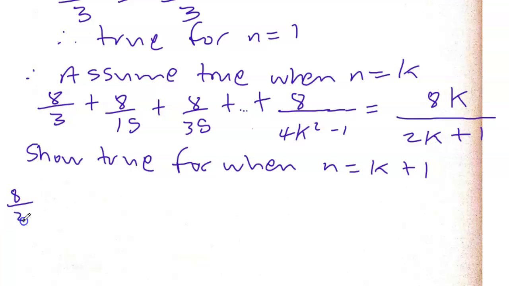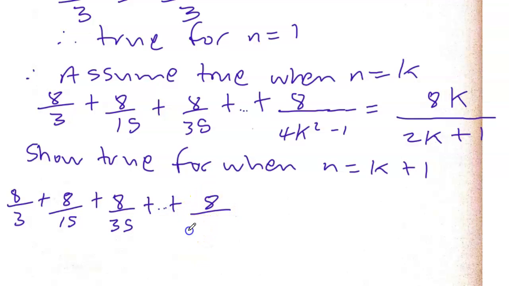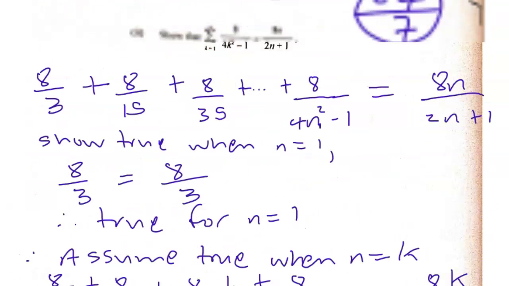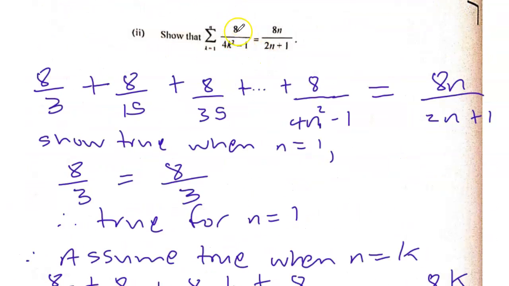The first term was 8 thirds, the second term 8 over 15, 8 over 35, plus that, plus the kth term, 8 over 4k squared minus 1, plus, and now we're going to add one more term. Now if you look at how we are getting the terms, this time we're going to replace the k with k plus 1, because now the final term is k plus 1. So 4k squared will become 4 times k plus 1 squared.